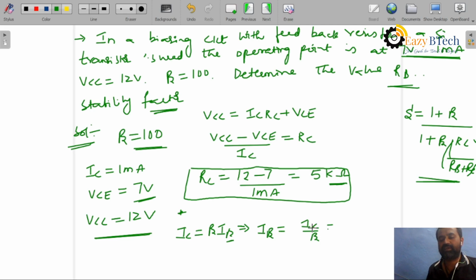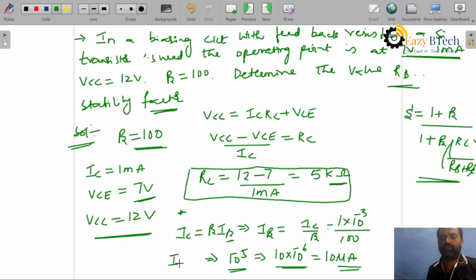IC is 1 milliampere, 1 into 10 power minus 3, divided by beta. Beta is given as 100. Then we get 10 power minus 5, which we may write as 10 into 10 power minus 6. It means IB is 10 microamperes.